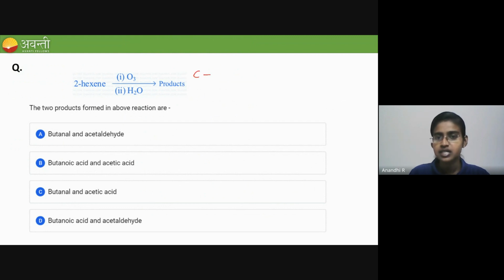Hex means 6 carbon. So first you draw the skeletal structure which contains 6 carbons, and between the second carbon and third carbon, we have a double bond. Then balance the remaining with hydrogen. Each carbon should contain 4 bonds, so accordingly you put the hydrogens and balance it.